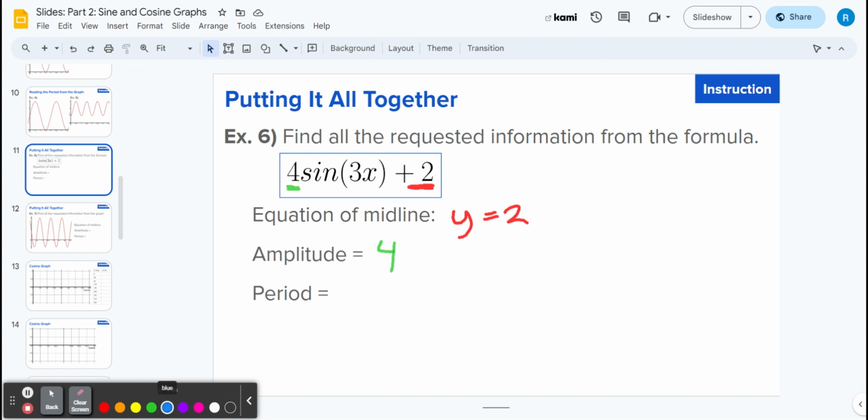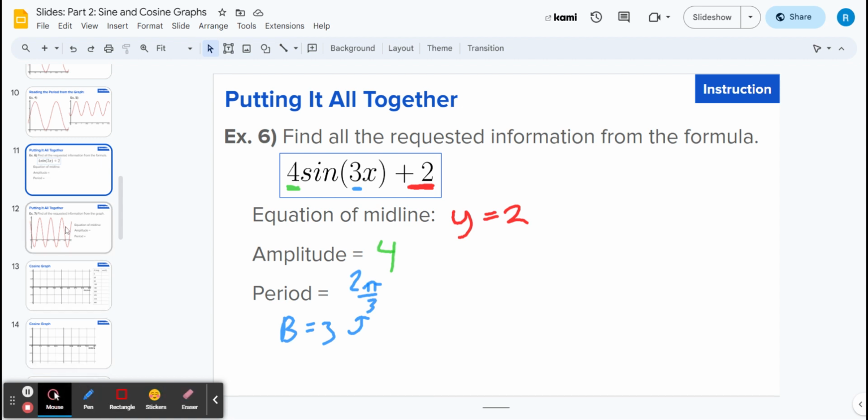And then for the period, we have a value of b equal to 3 here. And so if we plug that into our period formula, we get 2 pi over 3. And that's something I don't even need to simplify because it's already simplified as far as we need to go.